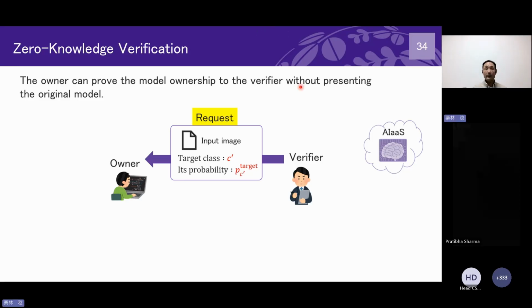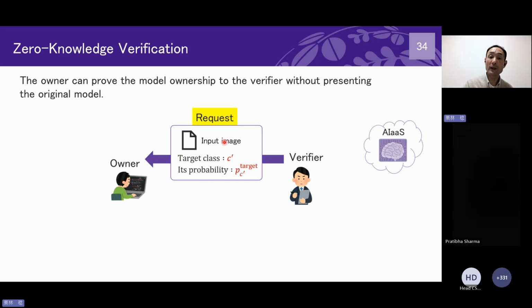Now we think about the zero knowledge proof. In the zero knowledge verification process, the owner should prove the model ownership to the verifier without presenting the original model. So in this protocol, the verifier sends a request to the owner.